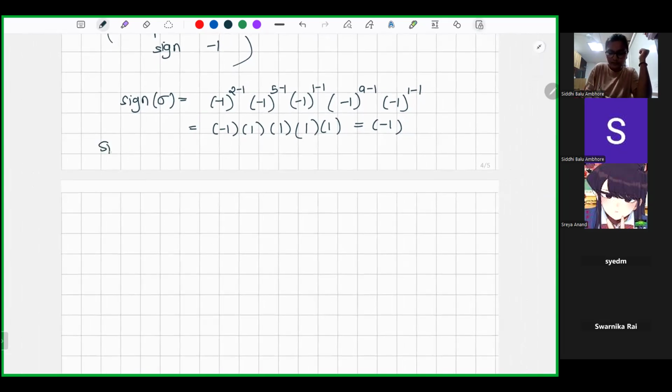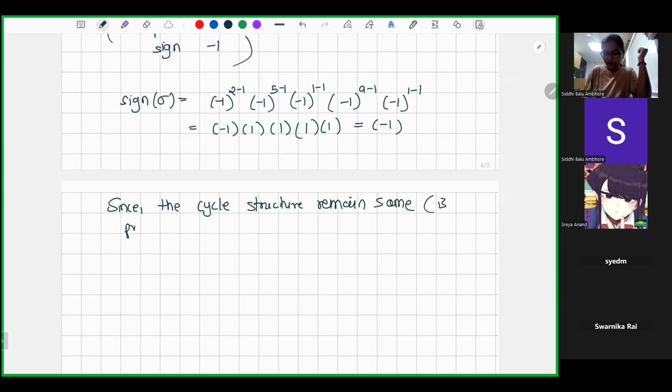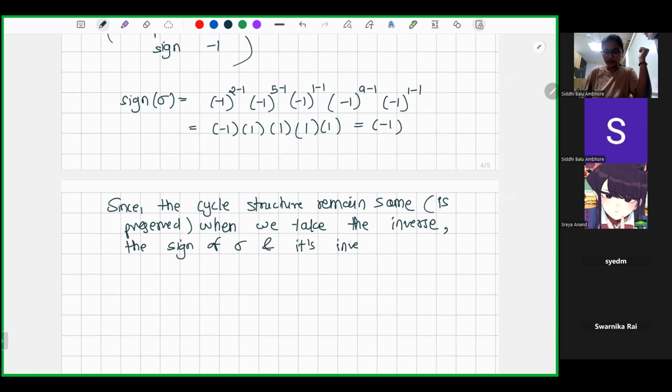So similarly, since the cycle structure remains the same, or is preserved, when we take the inverse, the signature of sigma and its inverse are the same.